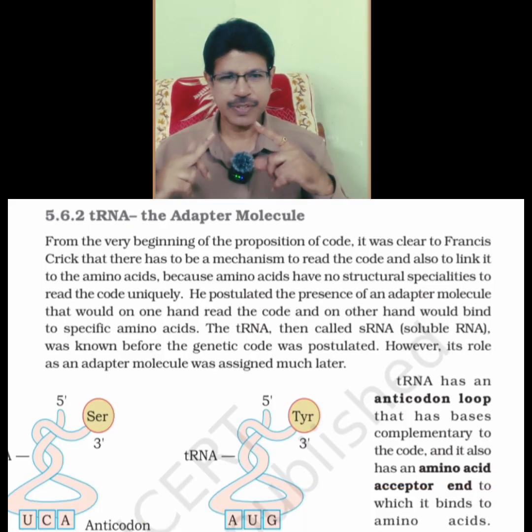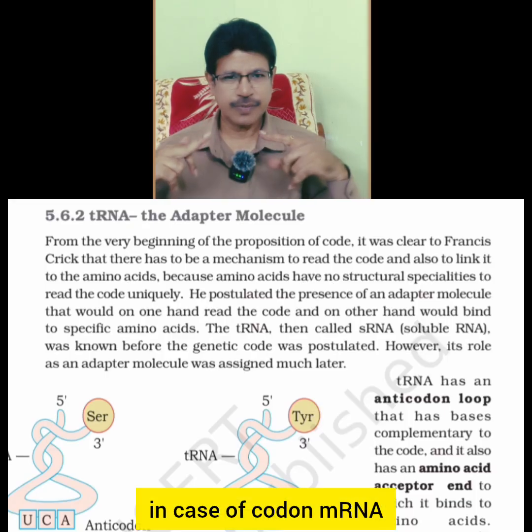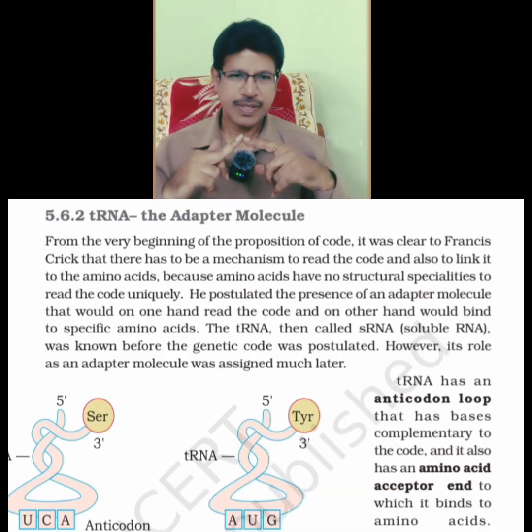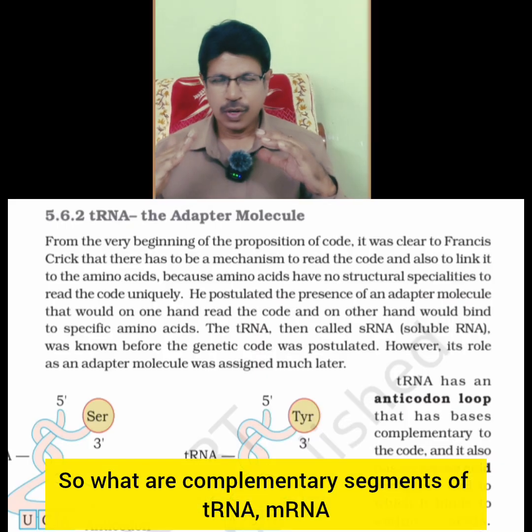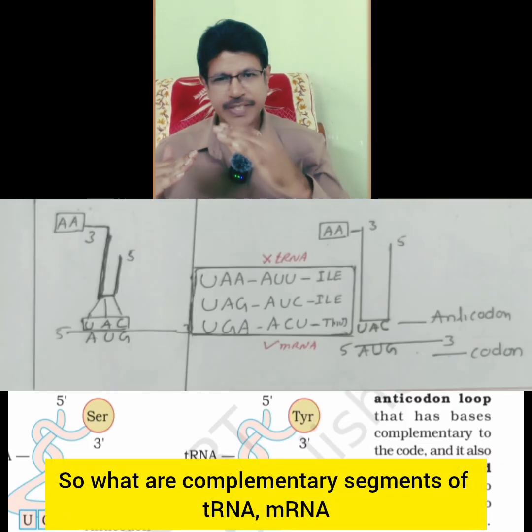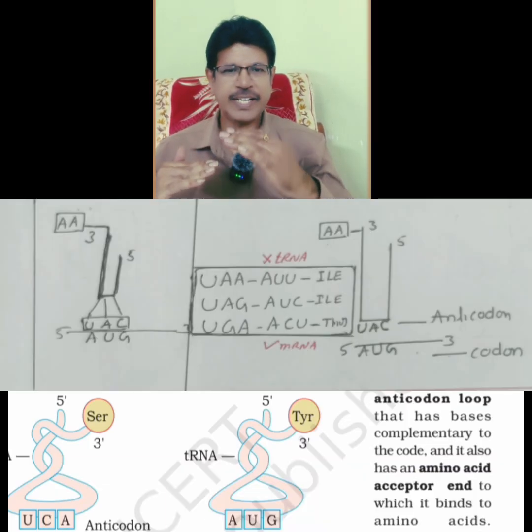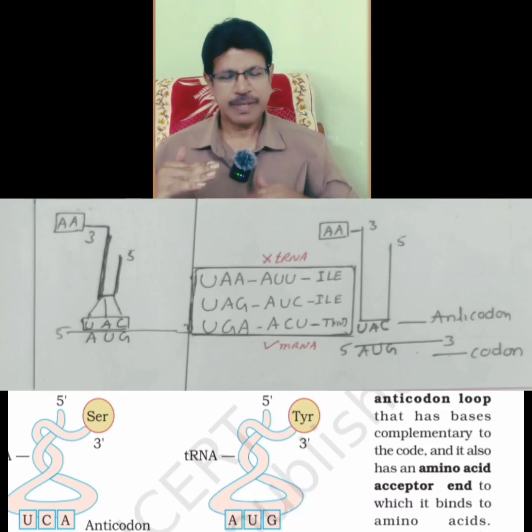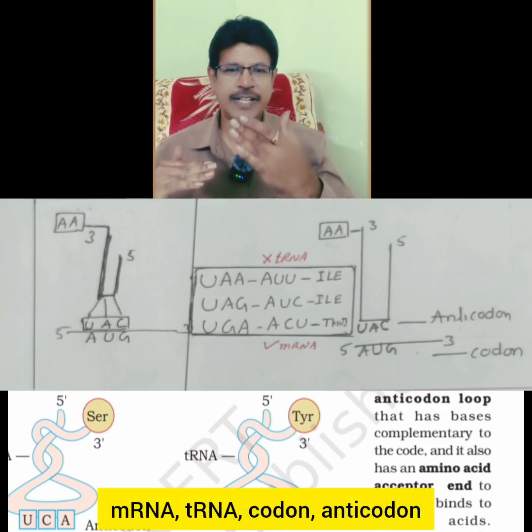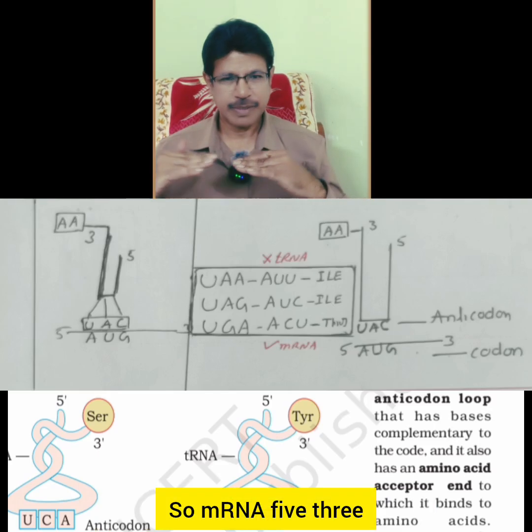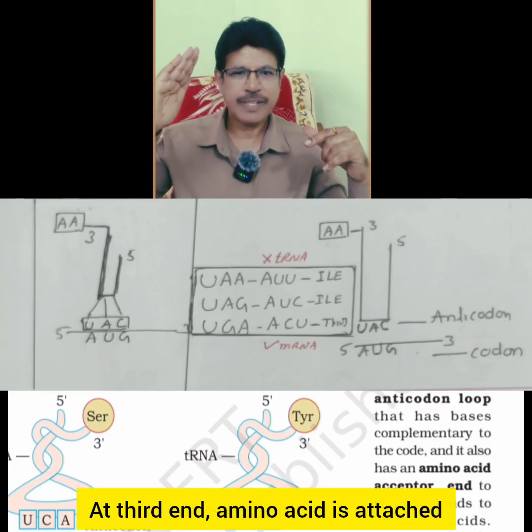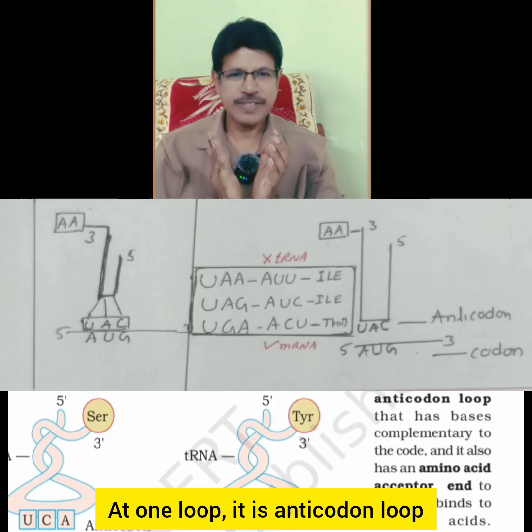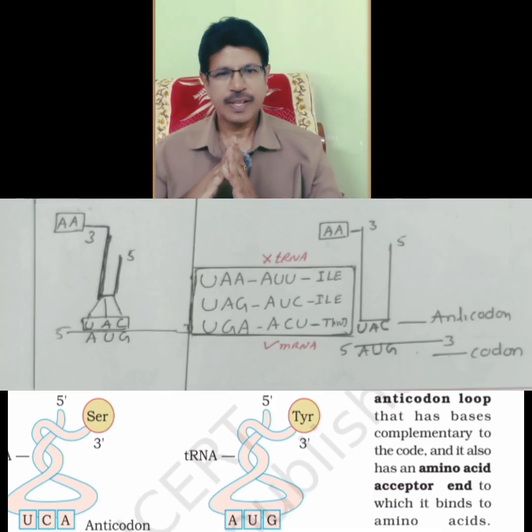So AUG is the codon in mRNA and UAC is the anticodon. What are the complementary segments of tRNA and mRNA? Anticodon and codon. mRNA has the codon, tRNA has the anticodon. mRNA is 5'3', tRNA is 3'5'. At the 3' end the amino acid is attached, and at one loop is the anticodon loop.